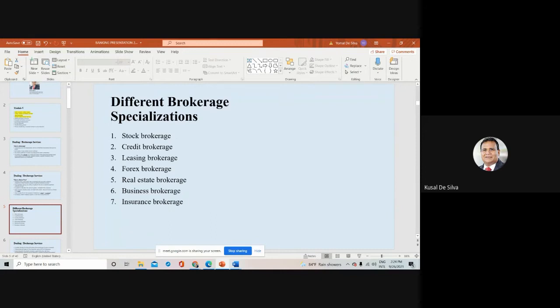And also the forex brokers. There are different types of forex brokers, and some people obtain their services to get the rates from different banks. For example, a foreign party or a bank, or even a local bank, wants to sell certain amounts.